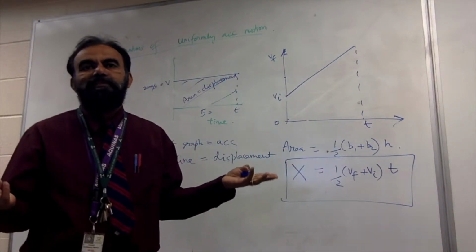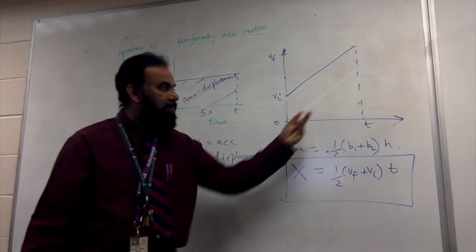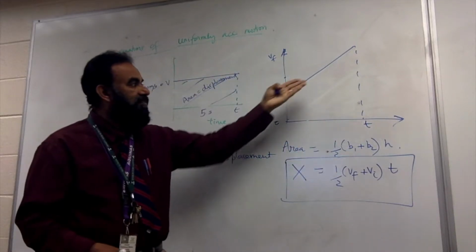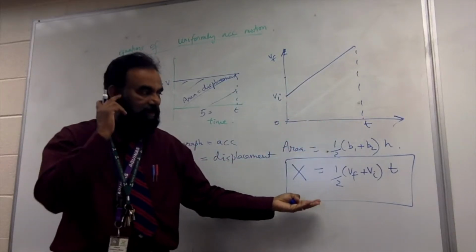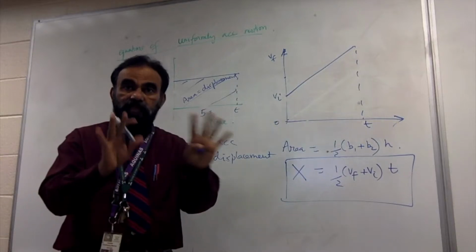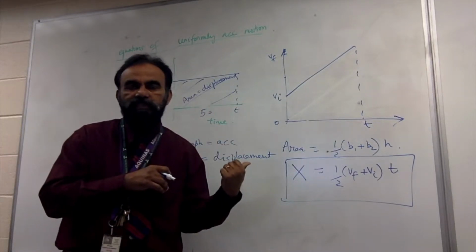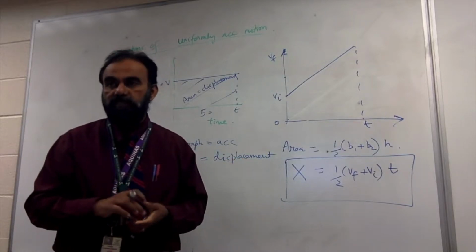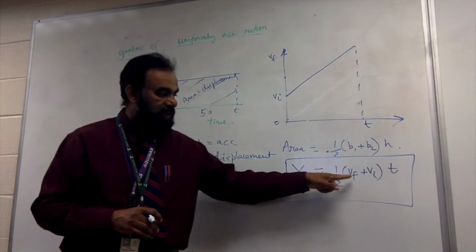I mean, you can't make a mistake. So areas have B1, B2. In case you lost the equation, go back and fetch it like this, because you know where it's coming from. I will never throw an equation and say, all right, that's how it is, memorize it. No. Whatever equation I put down here, I will give you the proof as to why the equation is such. Okay? X is equal to half of Vf plus Vi, times t.